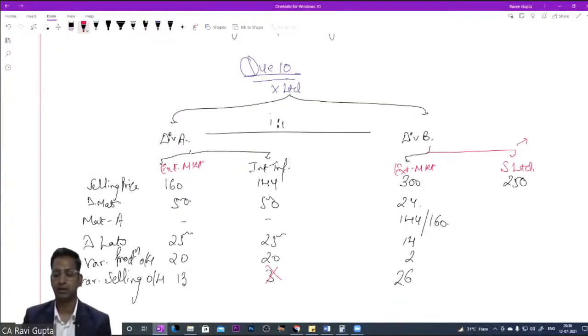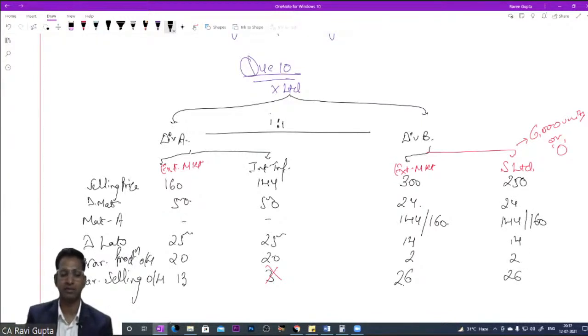It's saying that either 6,000 units or 0. And we have 24, 144, 160, 14, 2 and 26. This is variable selling overhead cost that will not be incurred in the case of S Limited.